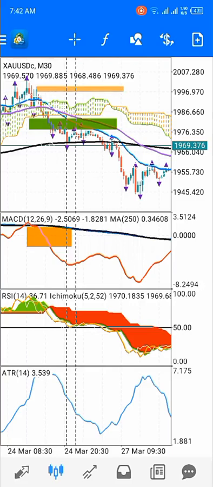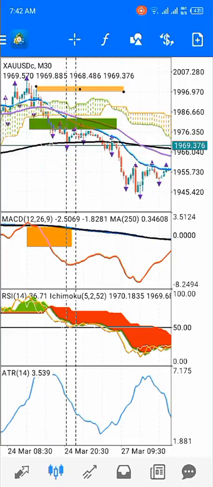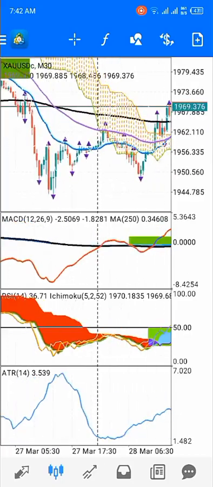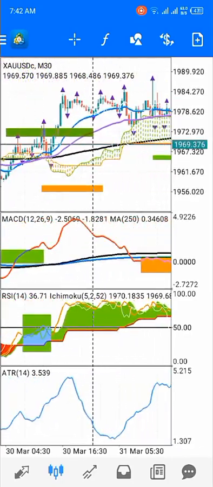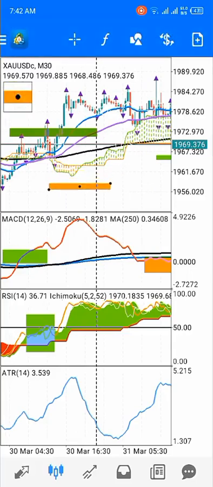So the essence of the average true range is for you to add the value at the point of placing your trade to the stop loss level when you are selling, or subtract the value from the stop loss level when you are buying, for you to know the actual stop loss point.